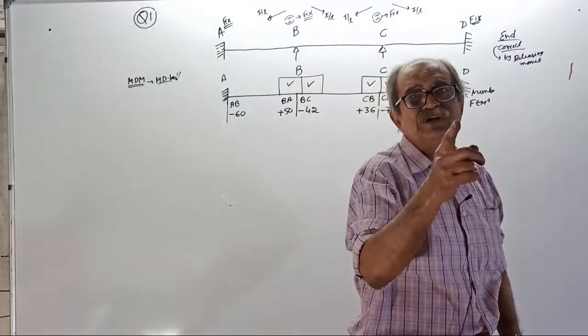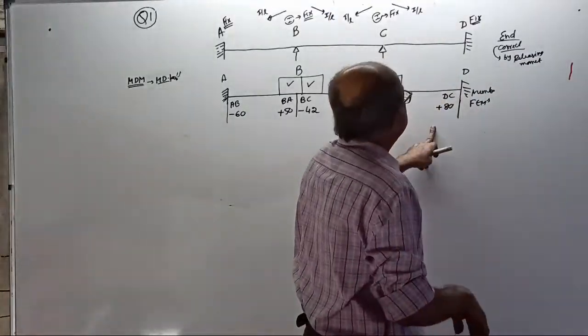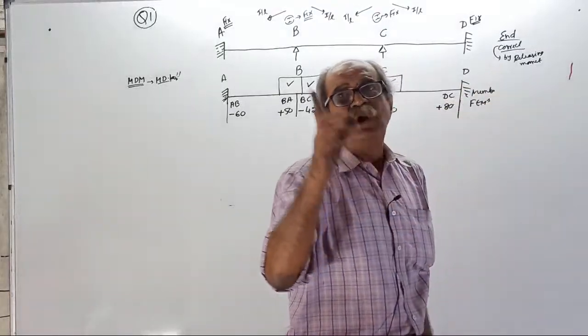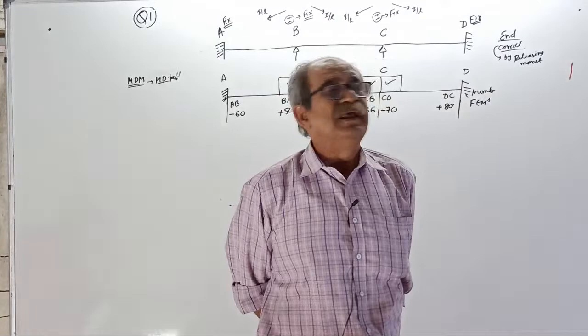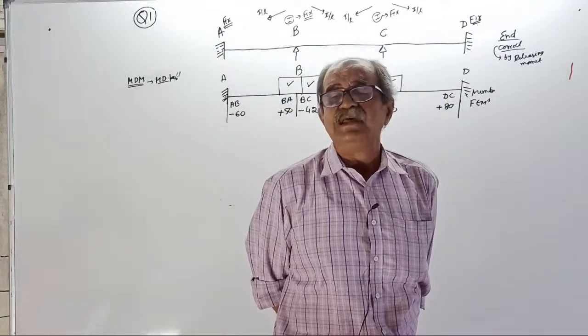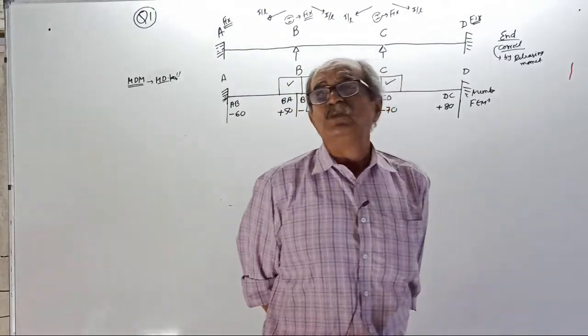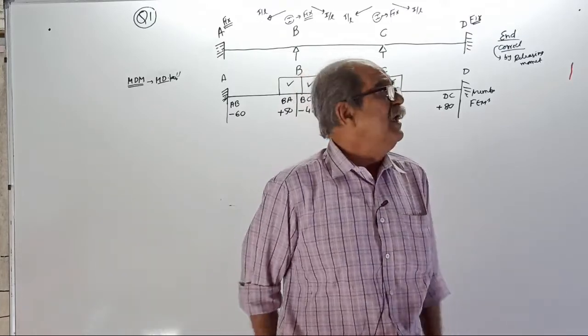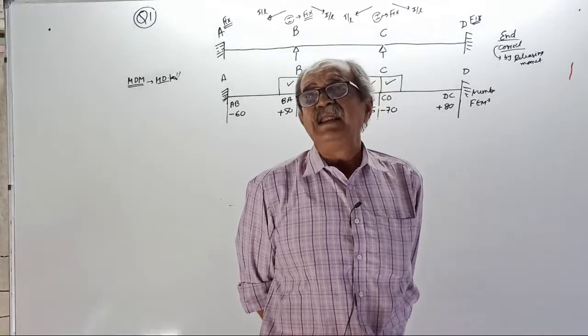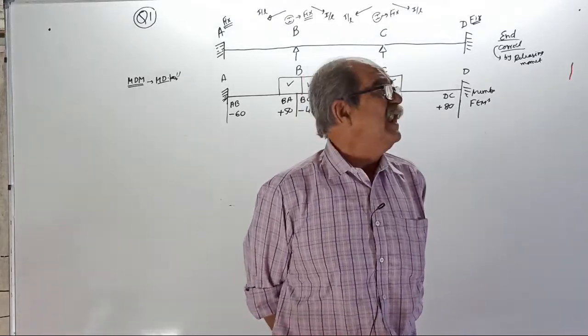Before you start the distribution, wherever a simple support is there, if only one member is there, that FPM should be made zero. Whatever FPM you got, it should be reversed and applied there to make it zero and carried over, so that the original condition is maintained there.